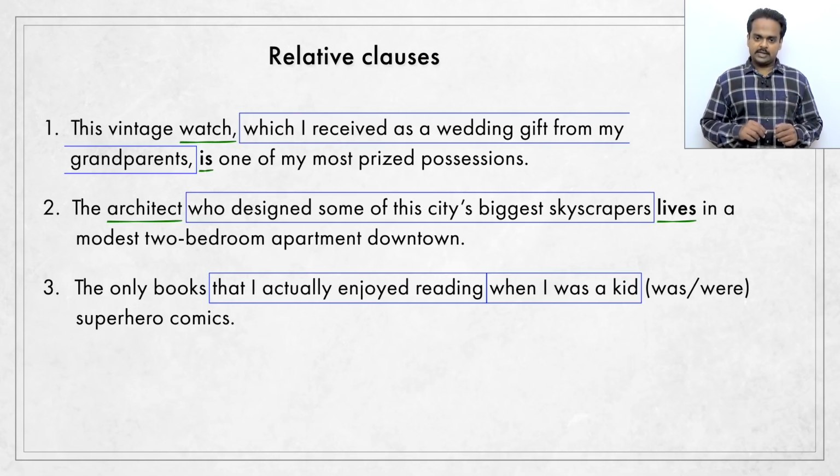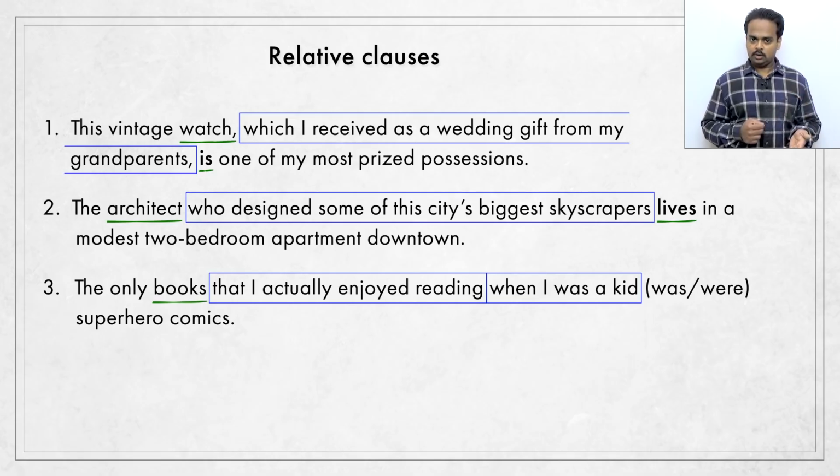The first clause tells us about the books. I'm talking about books that I enjoyed reading. And the second clause says that we're not talking about now, we're talking about the period when I was a child in the past. You can have two relative clauses like this that give different types of information, but of course the subject here is books.